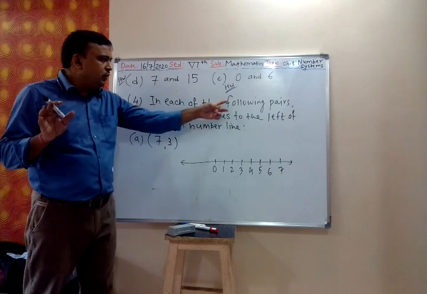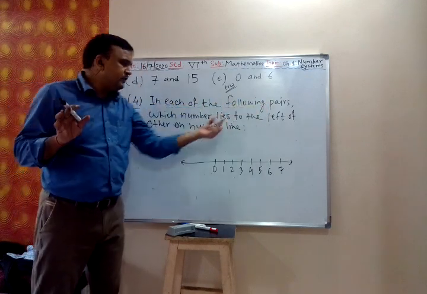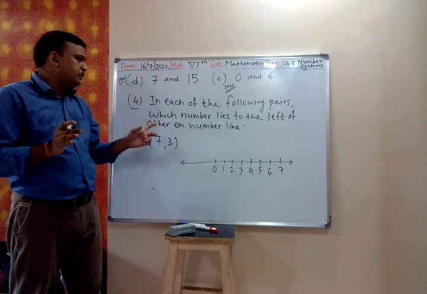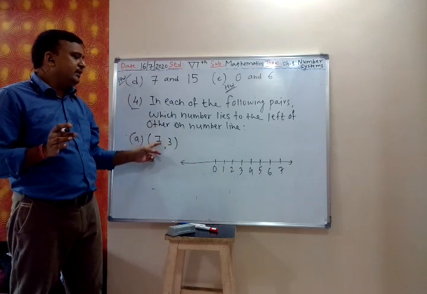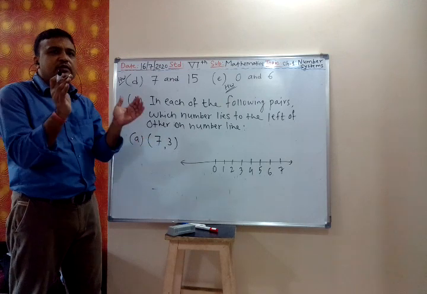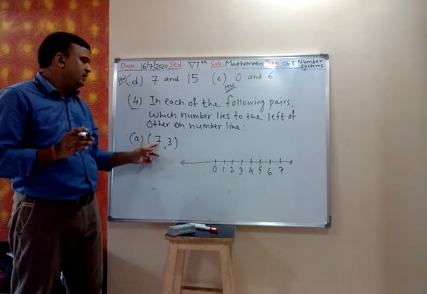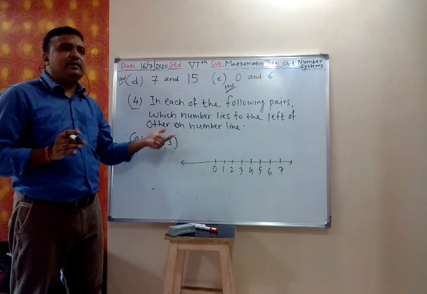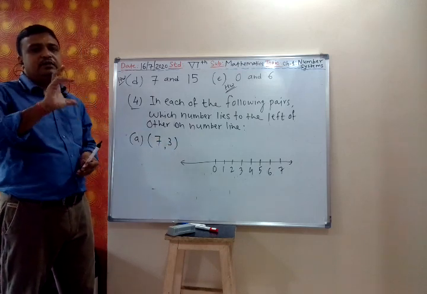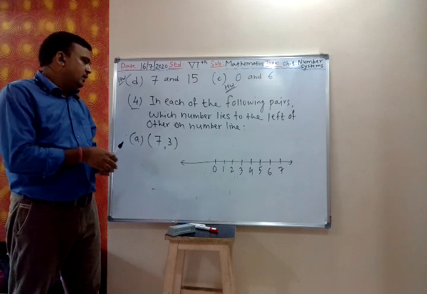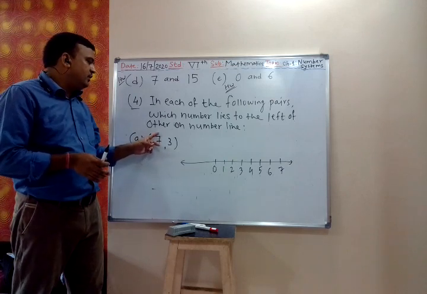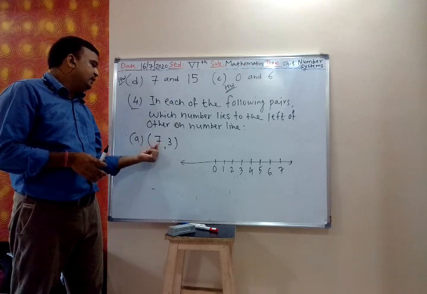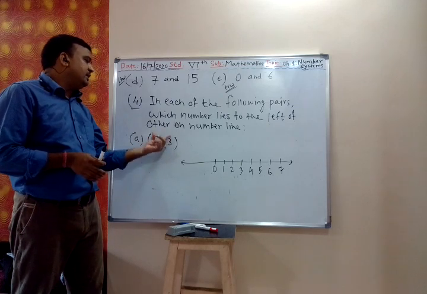In each of the following pairs, this is the pair. Pair means two numbers are given together. 7 and 3, 7 comma 3 means two numbers are given together. Now find which number is on the left. Out of these two numbers 7 and 3, which number is on the left?